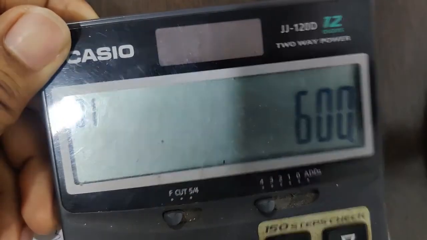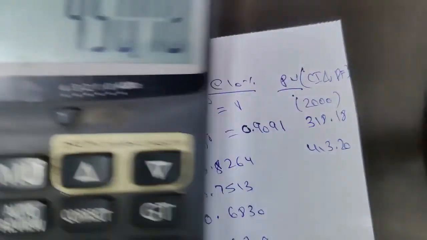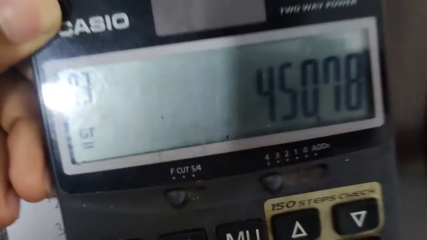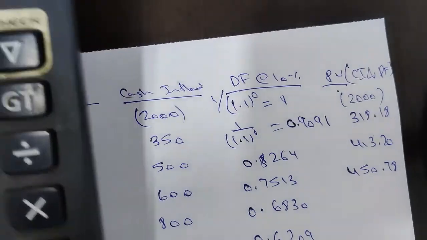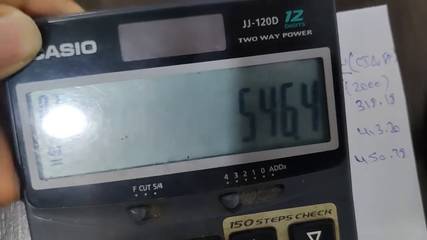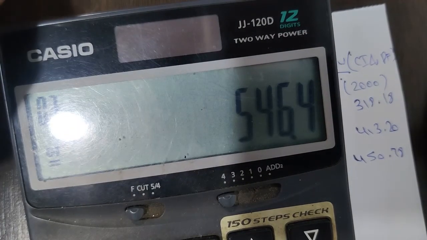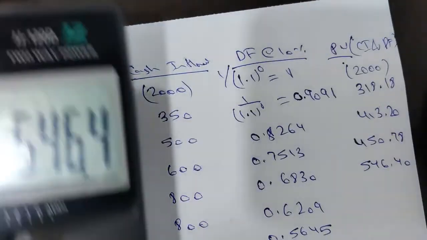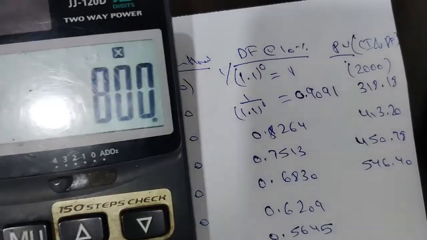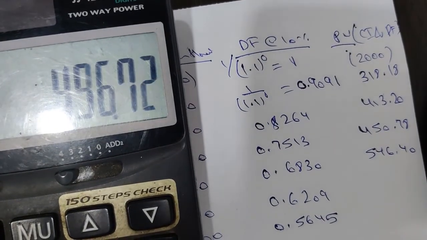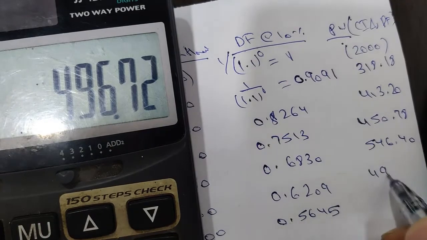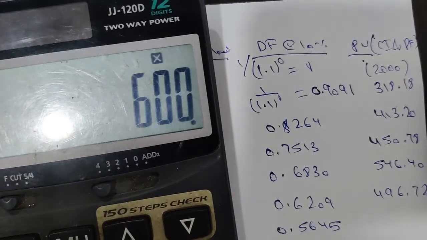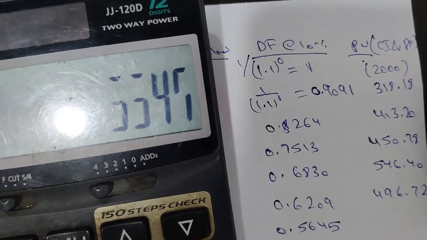Again 600 into 0.7513, 450.78. 800 into 0.6830 will give you 546.4. Again 800 into 0.6209 will give you 496.72. Again 600 into 0.5645 will give you 338.70.